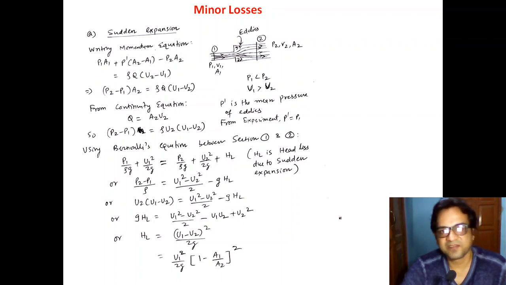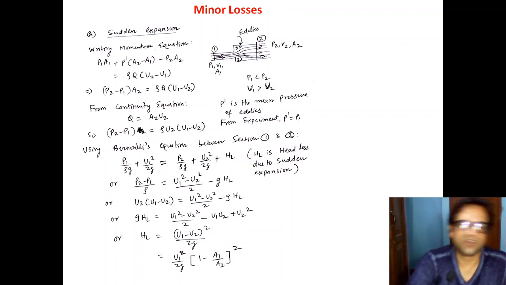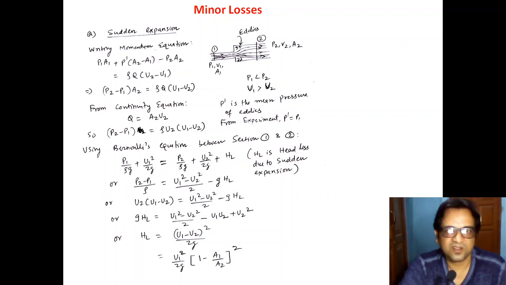Sometimes there is a requirement for a 90-degree bend, sometimes for a 180-degree bend, a U bend. Due to these geometrical changes, some losses also take place, but these losses are very small compared to the friction loss. That is why these are known as the minor losses.